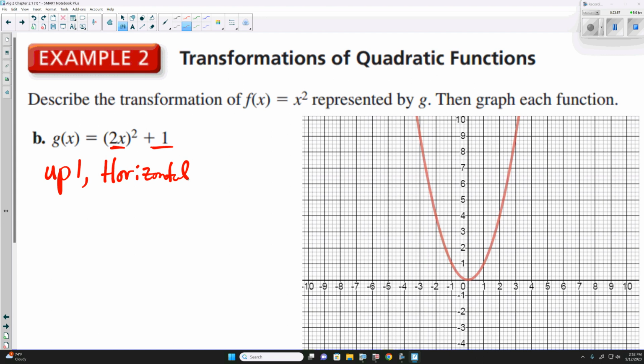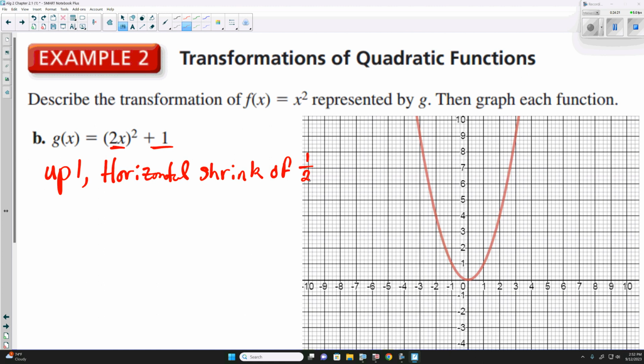Since it's inside the parentheses, it's the opposite of what we think. So it's going to be a horizontal shrink of what? Almost 1/2. Got to flip it. Like when we plugged them in, how we had to flip the value when we plugged it in, the same thing as when we pull it back out.